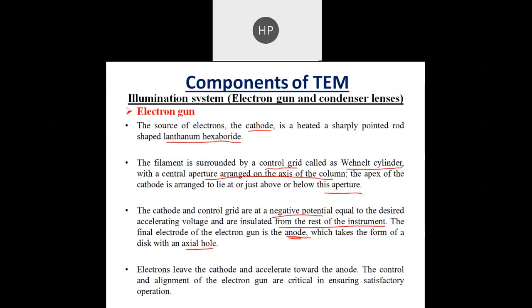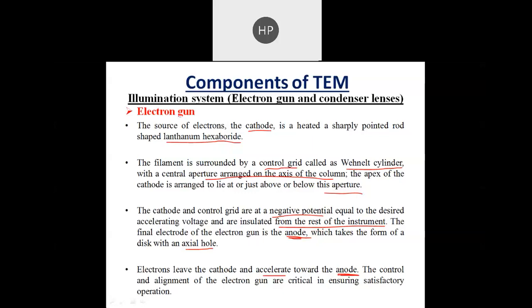Through that central hole, the electron beam will pass. Whatever electrons leave the cathode will be accelerated towards the anode. Why? Because the anode has a positive charge, so the negatively charged electrons will be accelerated by this positive anode.